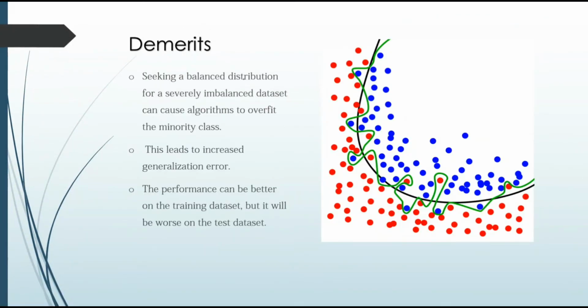What is the disadvantage of using this method? For seeking a balanced distribution for a severely imbalanced dataset, as in credit card fraud detection, non-fraud transactions are very many and fraud transactions are very few. So this dataset has a severe imbalance classification problem, and this can cause the algorithm to overfit the minority class.